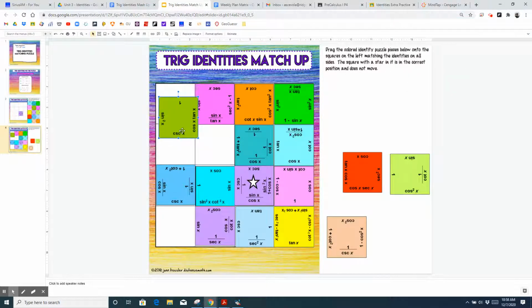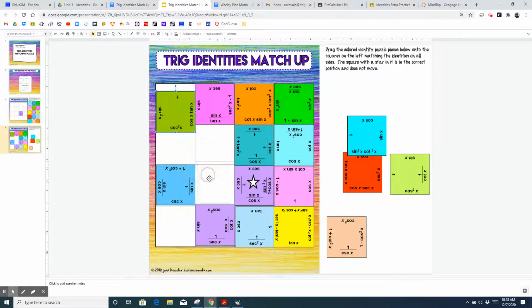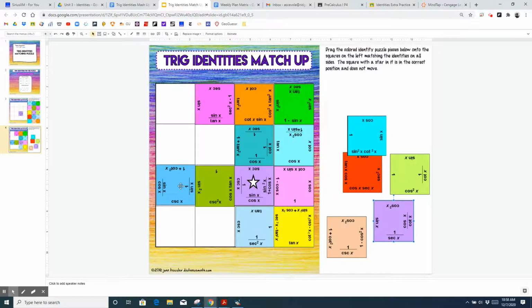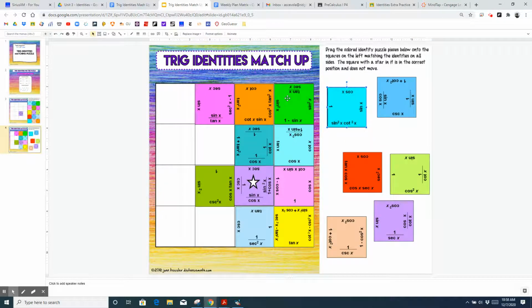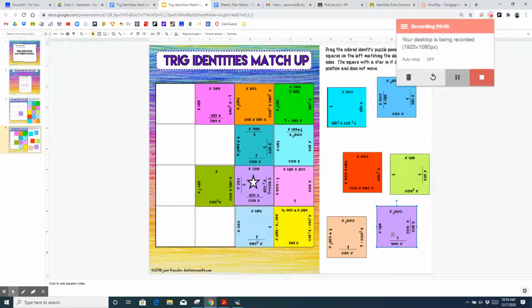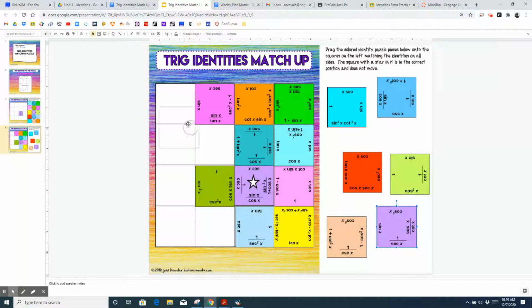All right, so I see that this green one over here could be switched with this one. So now I have cosine times tangent is equal to 1 over cosine. So then I can remove this one, and I can remove this one. So let's try that. Maybe that was our issue. Okay, so then I can move this purple one here because I know that cosine over cotangent is equal to the sine of x.